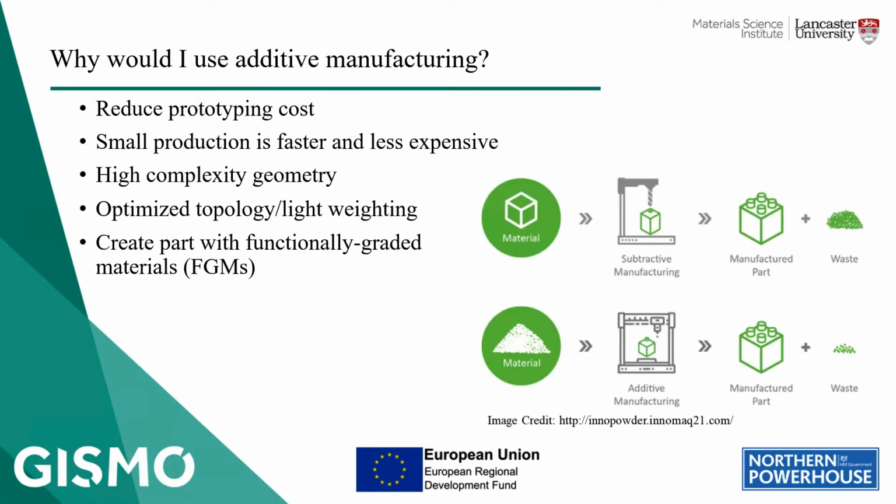So, why would I use additive manufacturing? The most important one is to reduce prototyping costs. Modifying a design during manufacturing in conventional manufacturing can lead to a substantial cost increase or time delays as tools on manufacturing lines are adjusted. Therefore, AM parts are commonly used during pre-launch activities for product testing and validating a design.